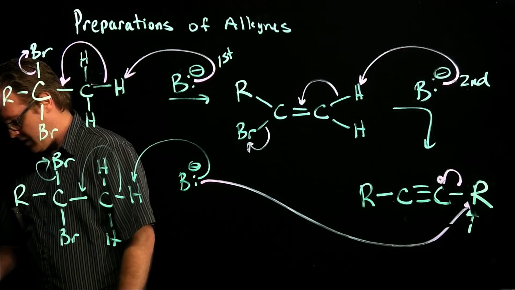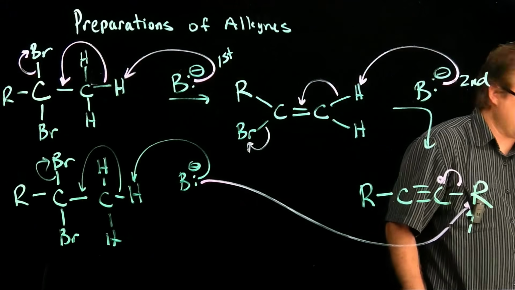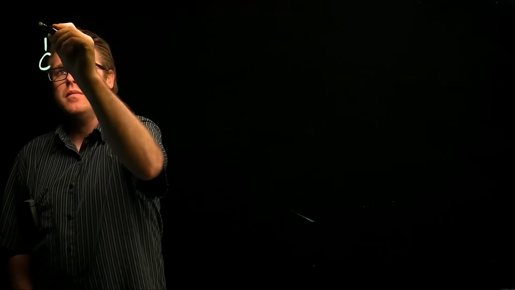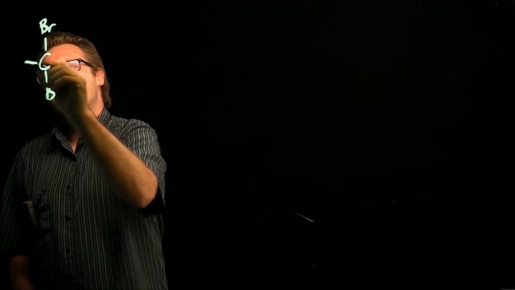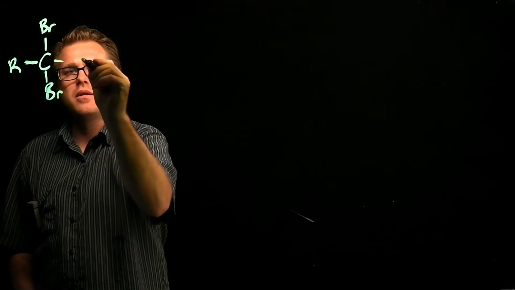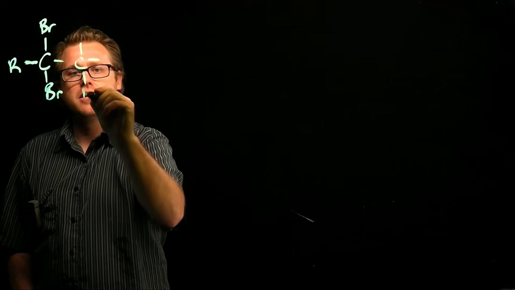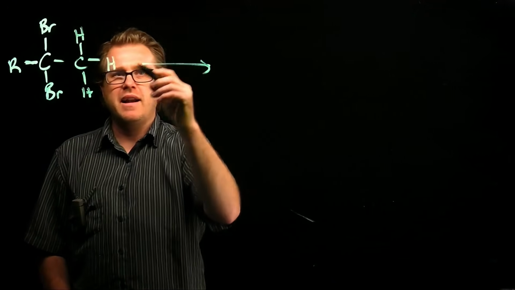Let's see here. What do we want to talk about next? So after you add your 3 equivalents here, okay, that's R, that's Br, okay. So how would we do this reaction? We would write it out like this.